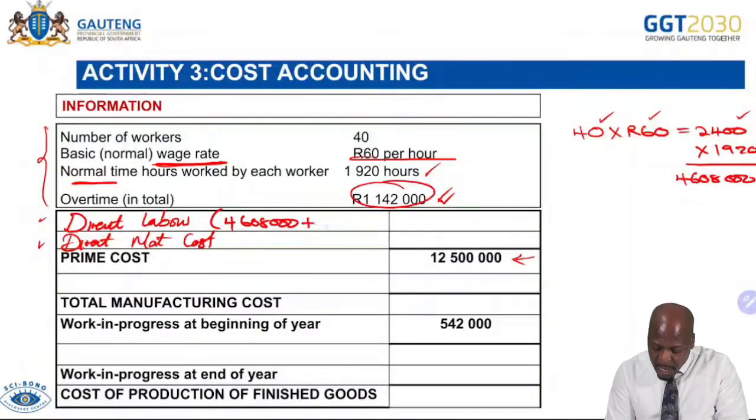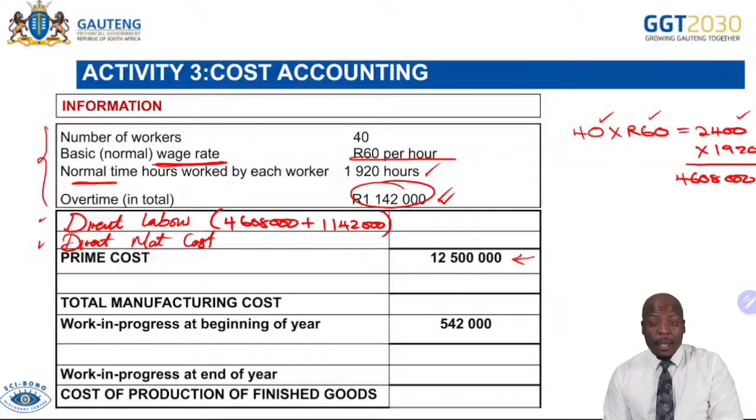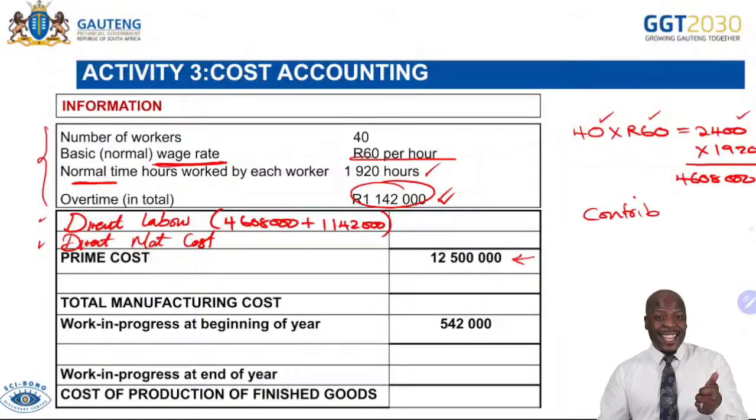But I also have overtime here. So I'll come here and I'll add my overtime, which is 1,142,000. The examiner at times can bring you contributions. Once you see your employer's contributions, you come and you add them here as well. If the examiner brings you contributions, all right?